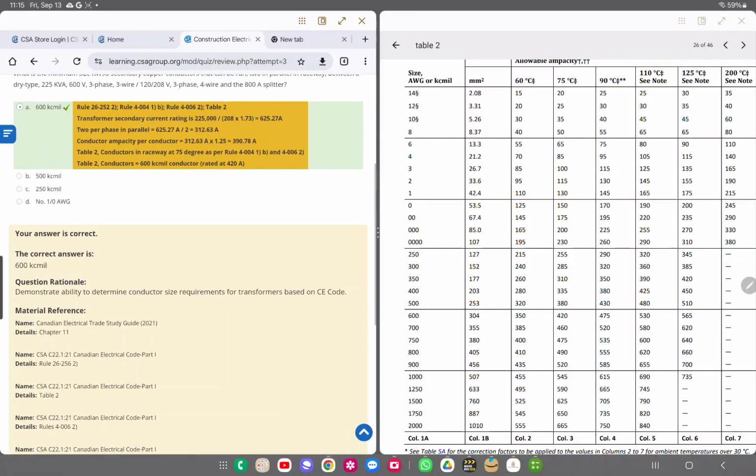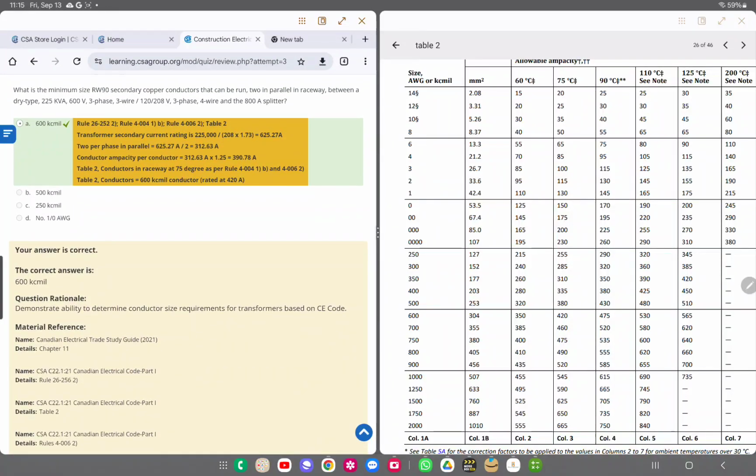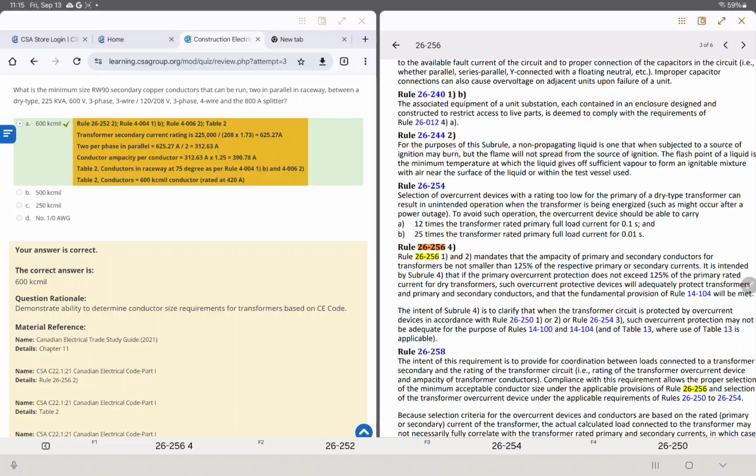So before we go, let's check Section 26-256, and we'll just read it quickly. Rule 26-256 and 2 mandates that the ampacity of primary and secondary conductors for transformers be not smaller than 125% of the respective primary or secondary currents.